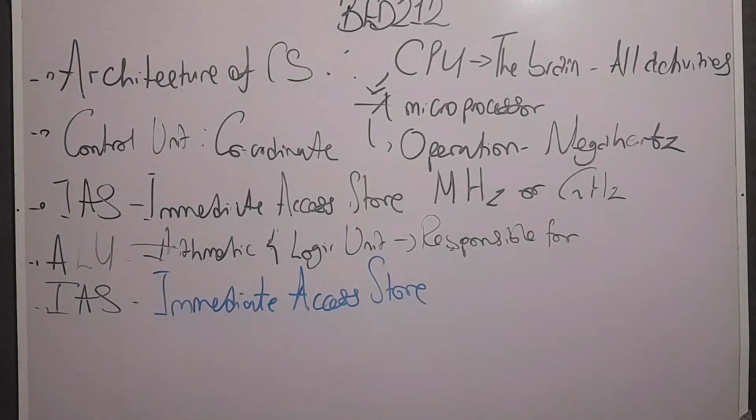Immediate access store, as we have that as that. And what does it do? It holds data and program needed at the instant by the control unit. Okay, we have that as that.